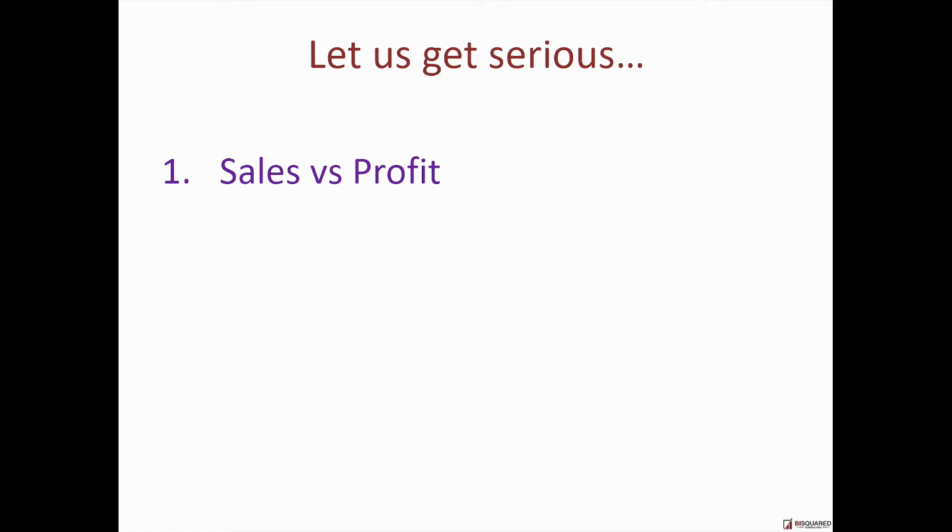So people assume that if you get more sales, you will get more profit, or that the biggest customers who give us the biggest sales are also giving us the biggest profit. These are the assumptions that we normally make. So in a scatter plot, we can plot sales and profit and then see whether these assumptions are true. So this is one very good use of a scatter plot.